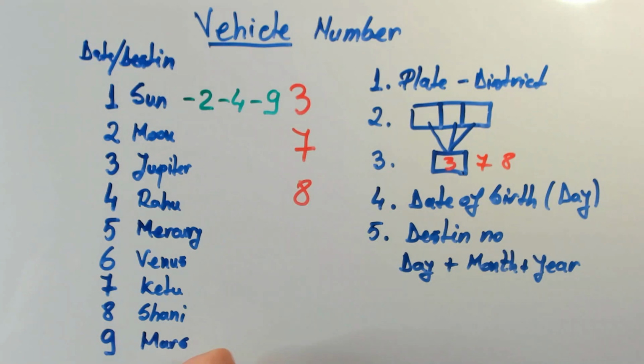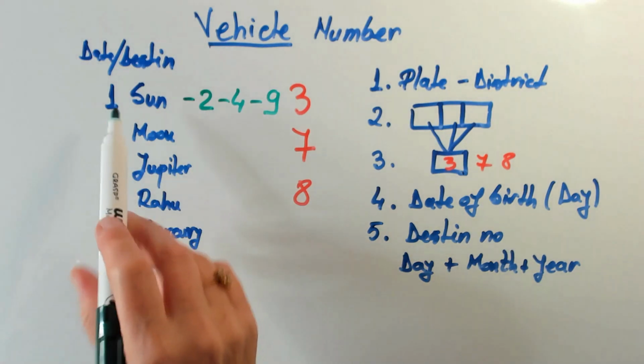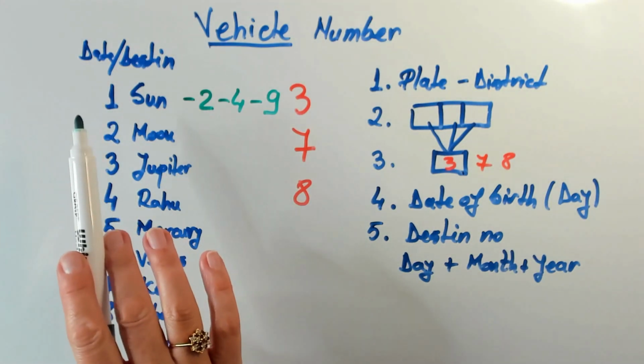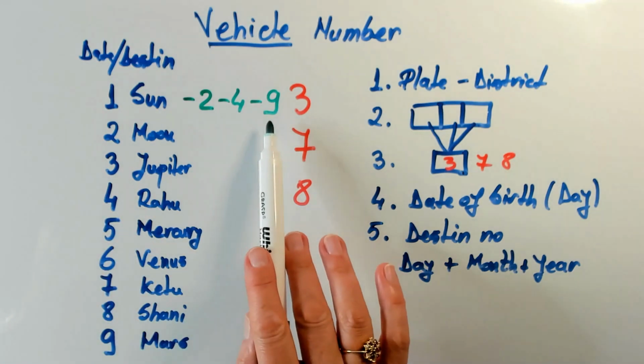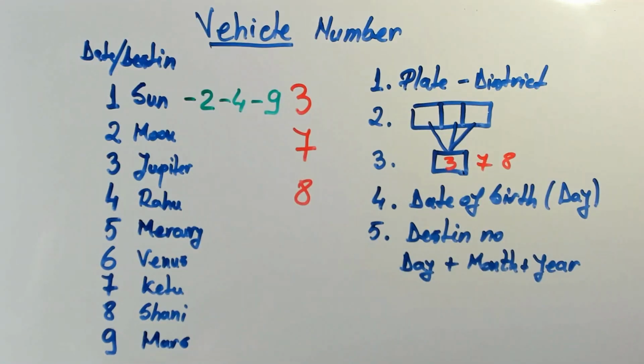And immediately you can see that 1 is the first number, the starting number, and 9 is the ending of Mars. So immediately you are going to see that a date of birth of 9 will 100% correlate with 1.